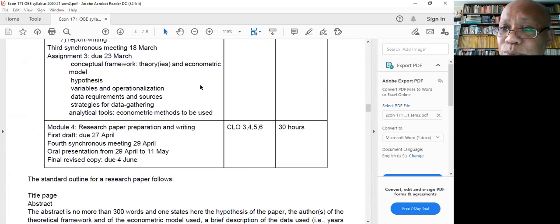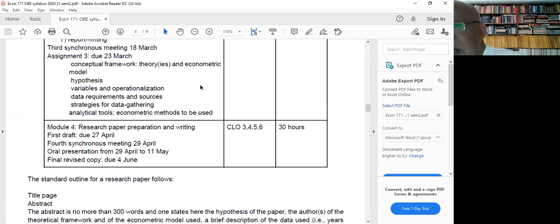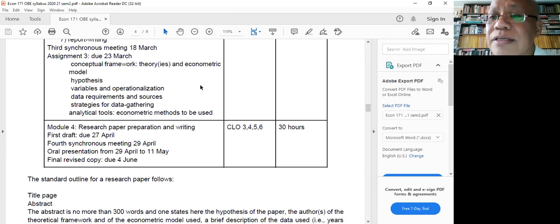And then, uso na rin, lalo na sa development economics, yung tinatawag na randomized trials and the like. But you won't have the time to do that. When you do strategies for data gathering, you'd all be just mentioning that you obtained your data from online sources, and you mention the online sources including the websites.